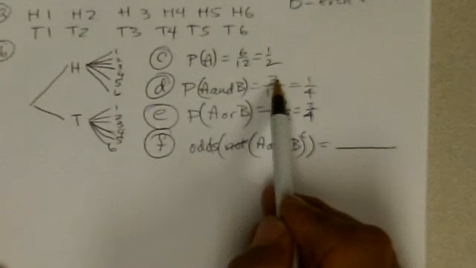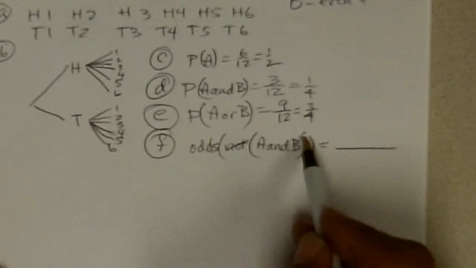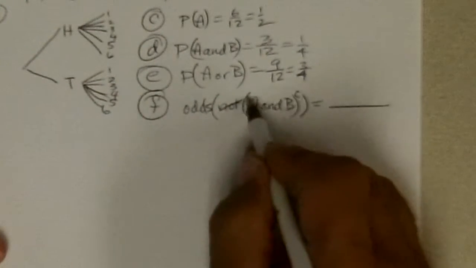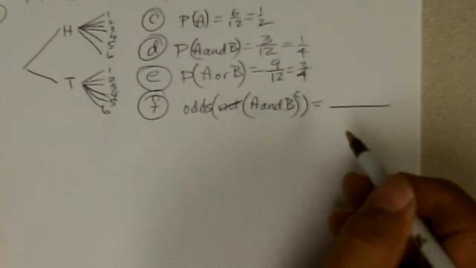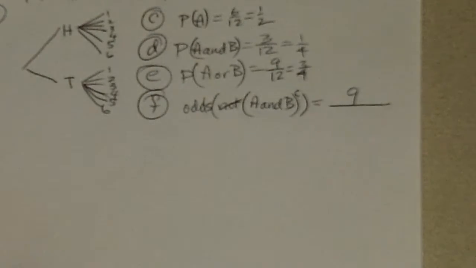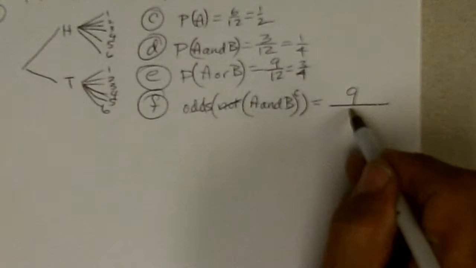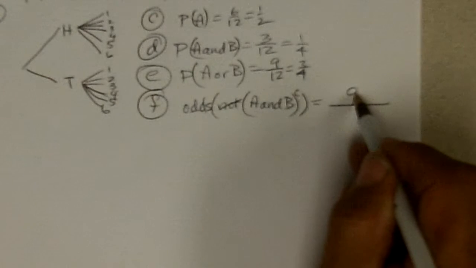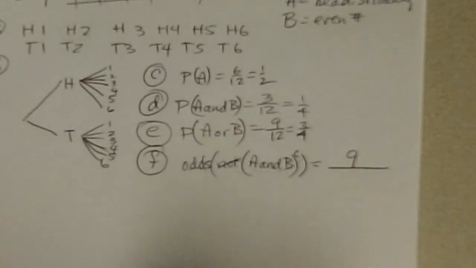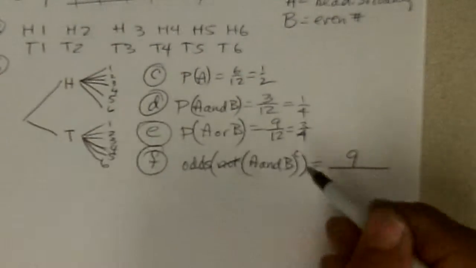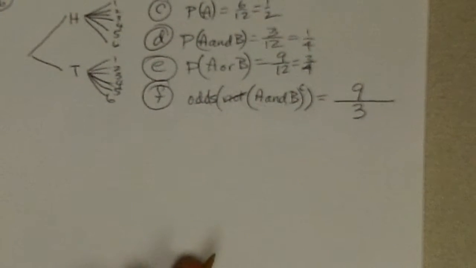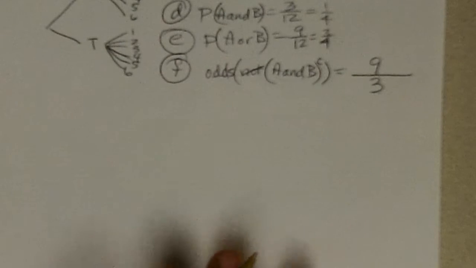A and B, there's 3 of the 12. The complement would be the other 9. So there's 9 ways of getting not A and B, and the rest of them are 3. So the odds are 9 to 3.